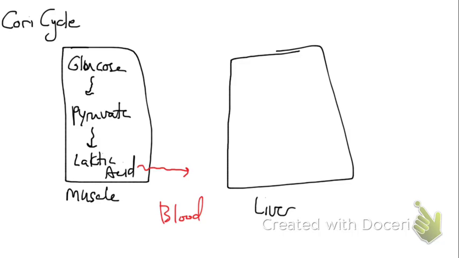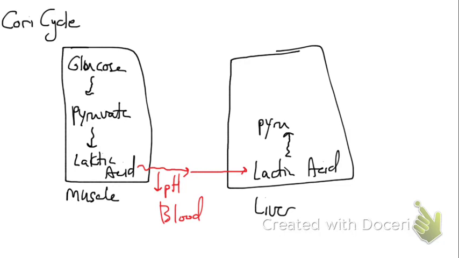If we drop a bunch of lactic acid into the bloodstream, it's going to decrease the pH. We have to think about what happens at decreased pH with hemoglobin: the oxygen gets dumped then into the muscles. Well, the lactic acid doesn't stay in the blood, but it moves into the liver, where it gets turned into pyruvate, which then turns into glucose, right?